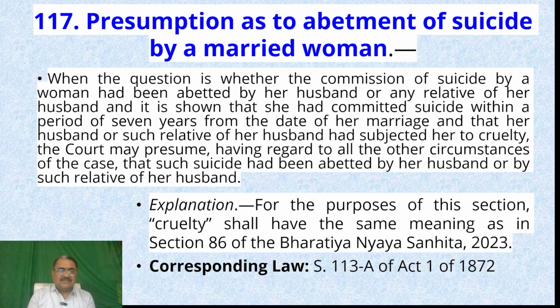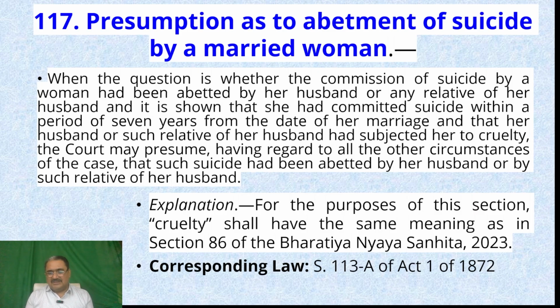So Section 117 says, when the question is whether the commission of suicide by a woman had been abetted by her husband or any relative of her husband, and it is shown that she had committed suicide within the period of 7 years from the date of her marriage, and that her husband or such relative of her husband had subjected her to cruelty, the court may presume, having regard to all other circumstances of the case, that such suicide has been abetted by her husband or by such relative of her husband.